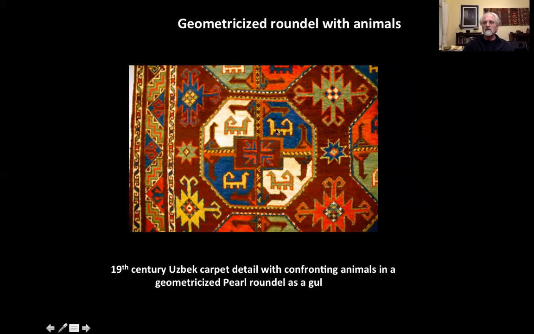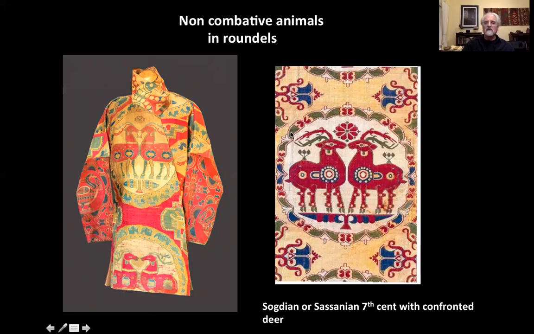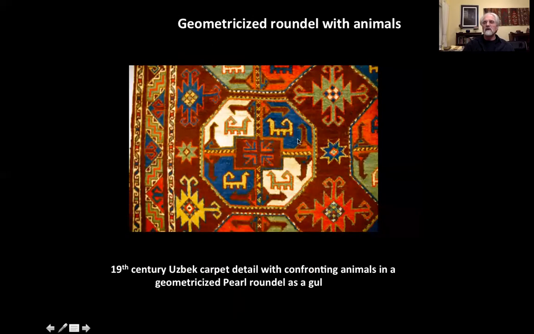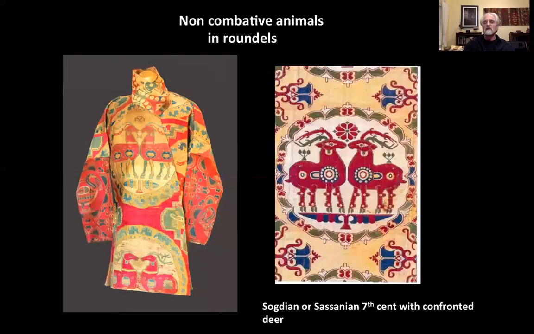The animals, of course, become very simplified, and also much more rectilinear. But the conception is exactly what motivated this. And the Turkoman carpet that I showed you earlier, those guls are actually simplifications that come right out of the much earlier format, these roundels that will fill a field.